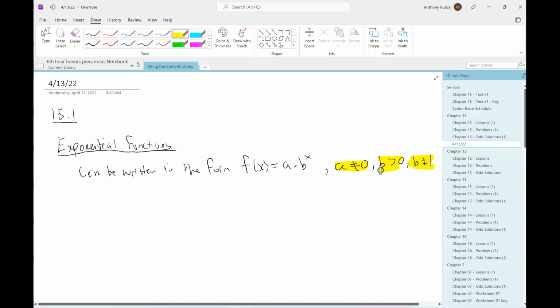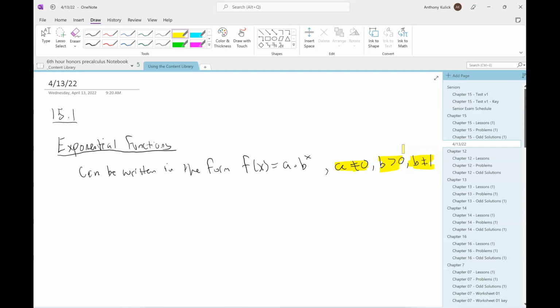What about, though, what would happen if b was negative? What's the problem there? Why aren't we wanting to include negative values? Why would a negative base be a problem with the exponent? What exponents would be a particular problem?